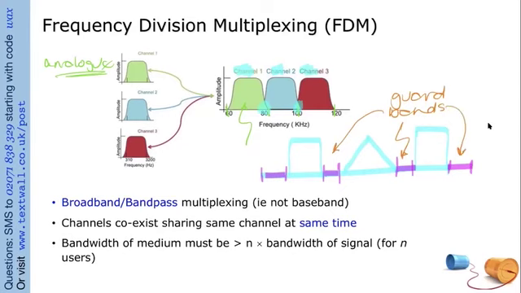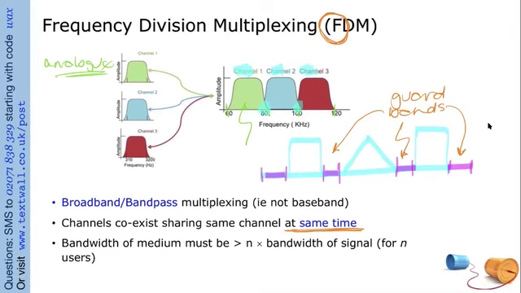Okay, so when we say channel, we're not talking about the electromagnetic channel, we're talking about the part of the electromagnetic channel that's assigned to each user. So they share the frequency axis all the time. So they're using that section of the frequency axis all the time.